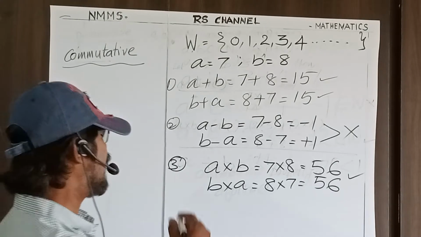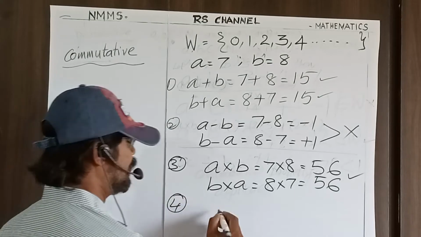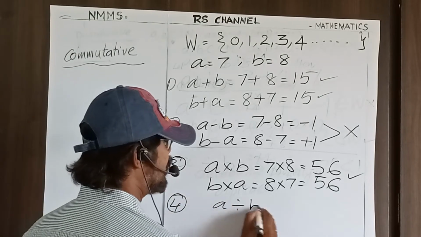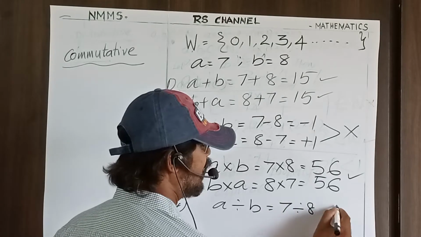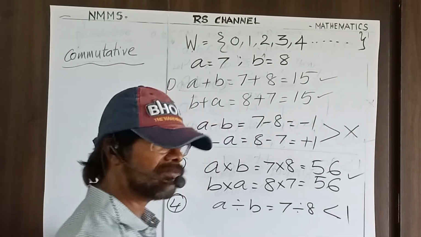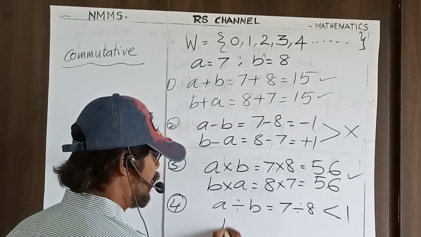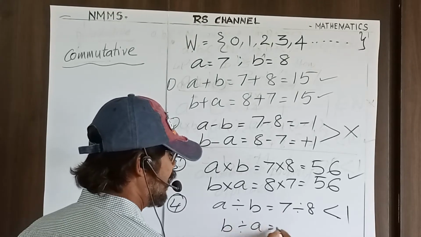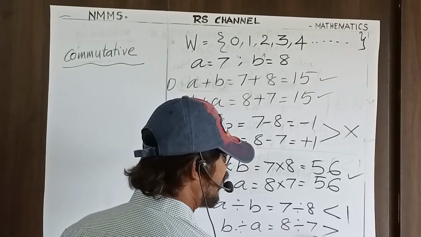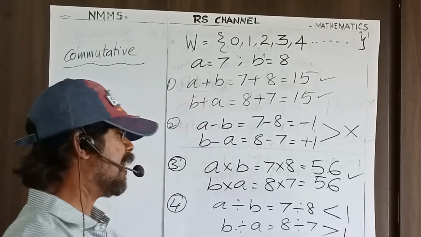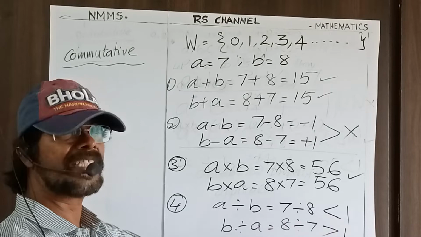Next, the fourth one is division. A divided by B, 7 divided by 8, we get an answer less than 1. And B divided by A, 8 divided by 7, we get an answer greater than 1.